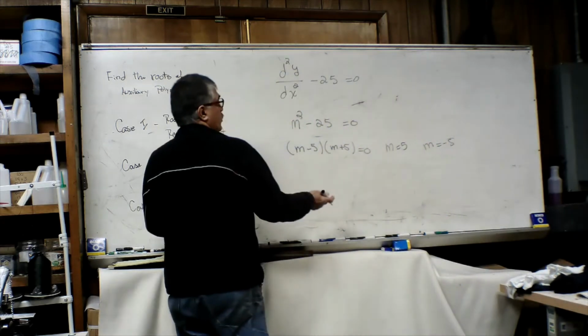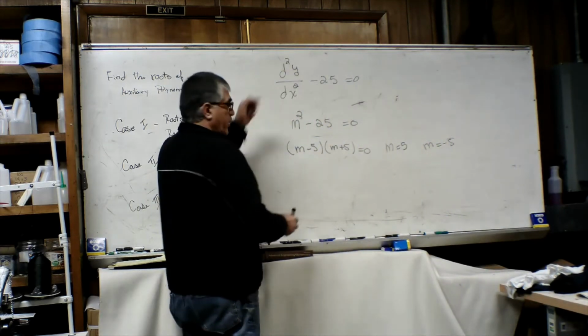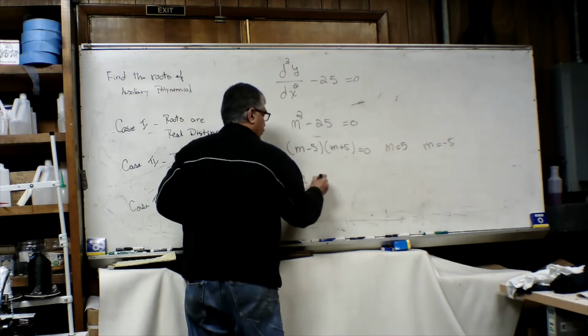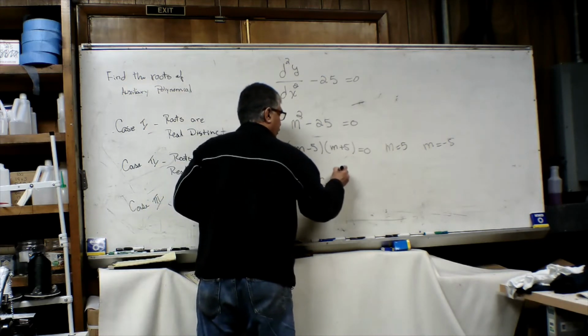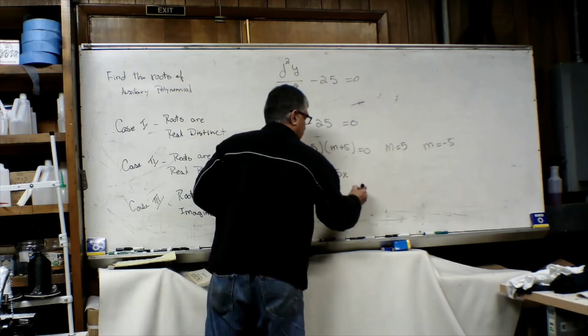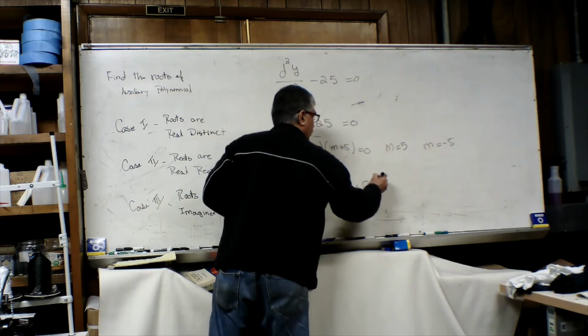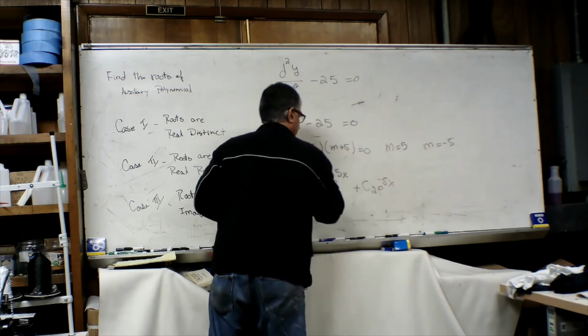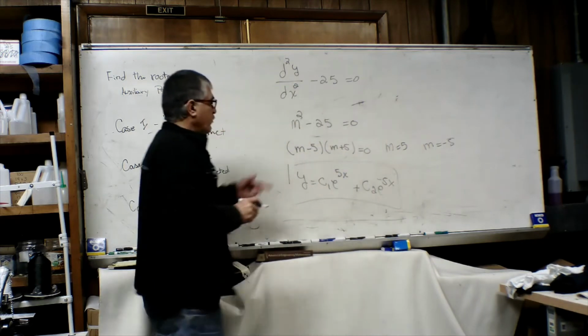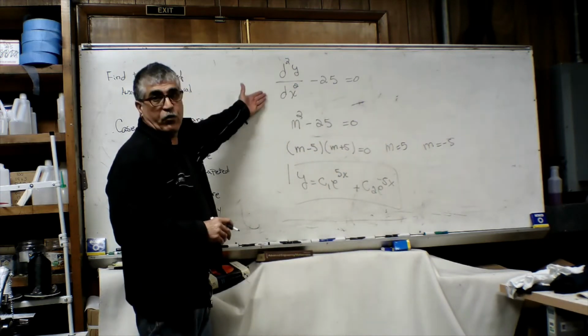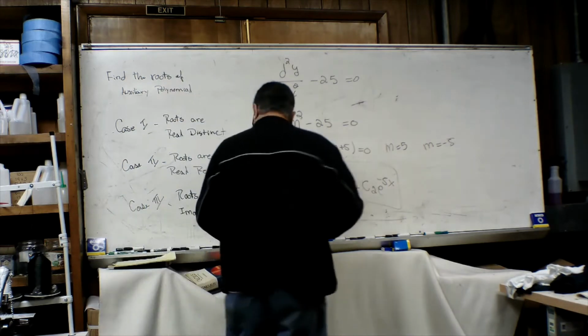So our general solution for this differential equation will be equal to c1 e to power 5x plus c2 e to power minus 5x. So this will be the general solution for this differential equation.